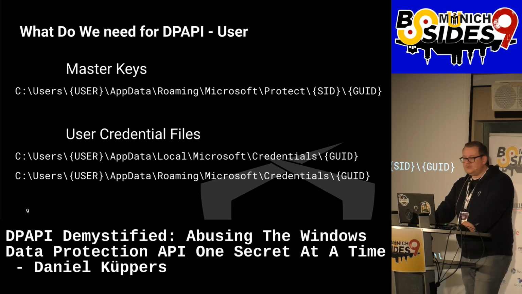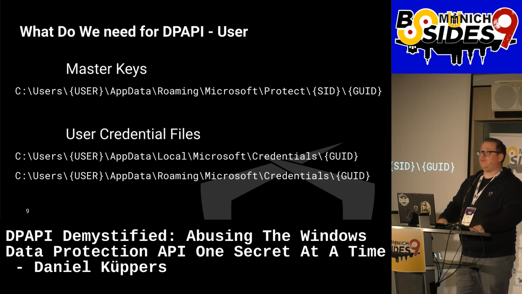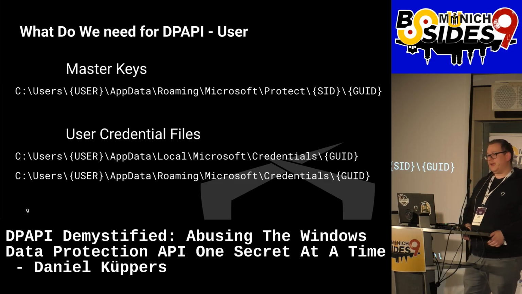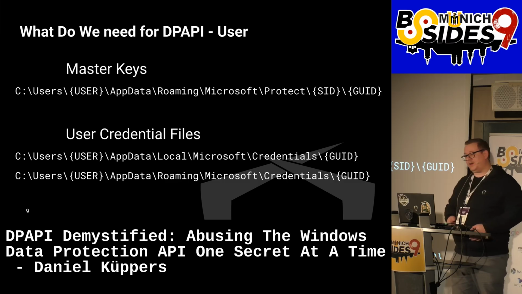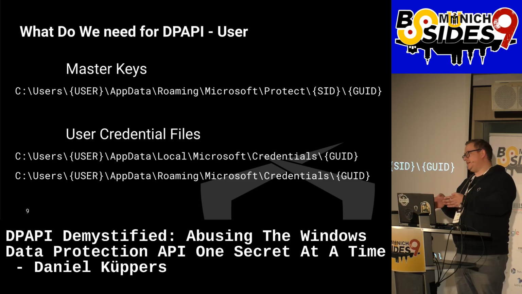For the user, we have the master keys stored, which is quite interesting for attackers when they only have access to the user context. In their app data roaming profile, which is quite common for an Active Directory setup, because as a user, I want to have my secrets on that PC and the next morning on the other PC, and that is where these credentials will be transferred to.